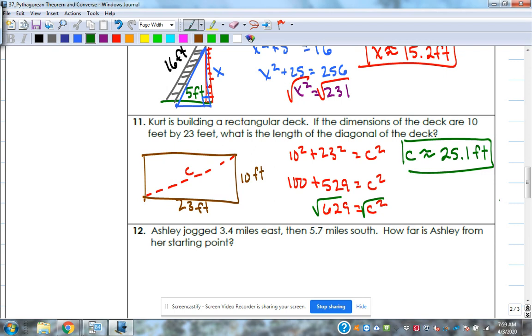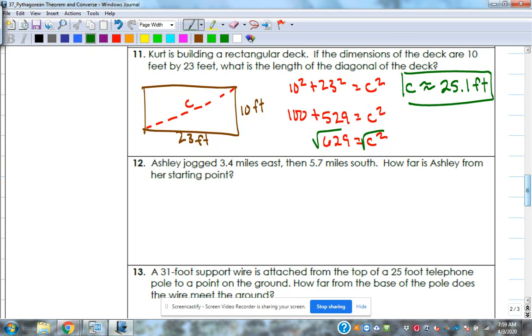All right, number 12. Ashley jogged 3.4 miles east and 5.7 miles south. How far away is Ashley from her starting point? So let's see. Ashley's starting point is here, and she jogged 3.4 miles east.